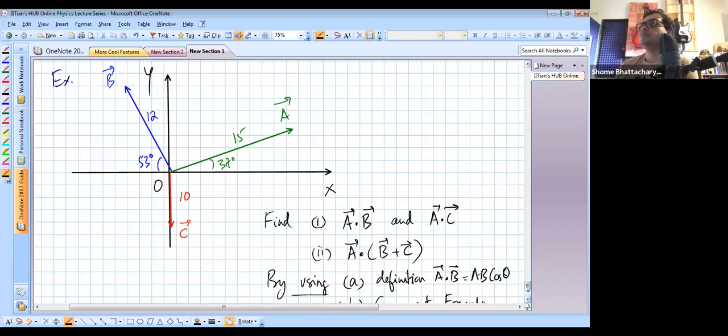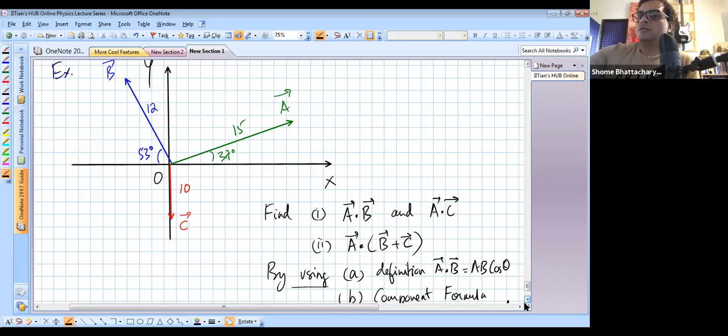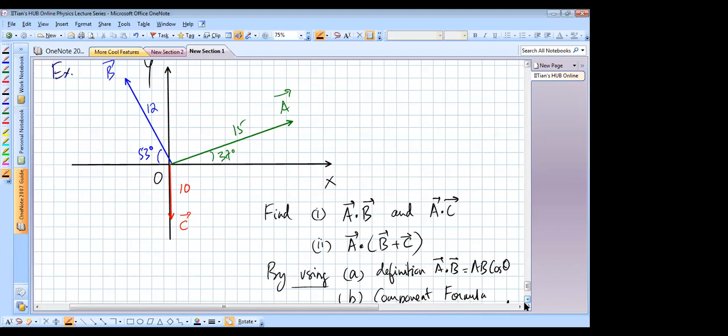So try this out, people. Yeah, Yasmin, to answer your question, there is no particular diagram which gives us dot product, because a diagram might give you the magnitude of the vectors and the directions, okay, but it's not going to give you the dot product itself.